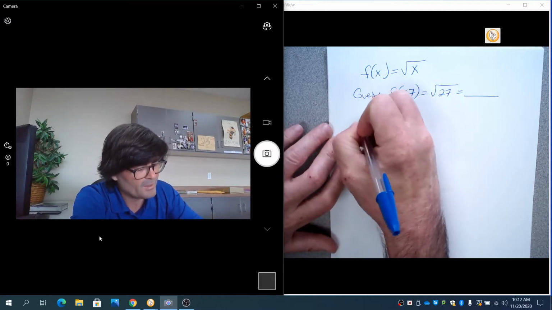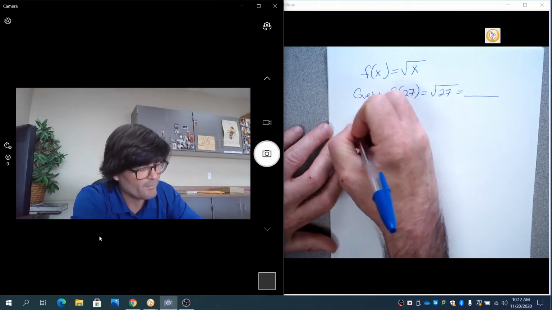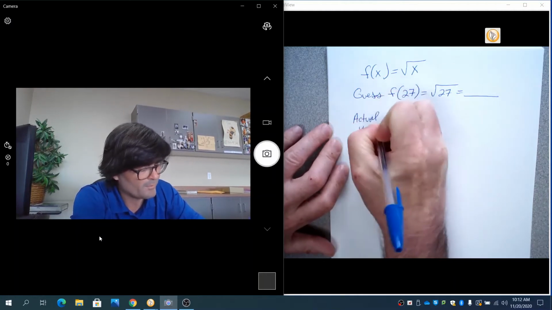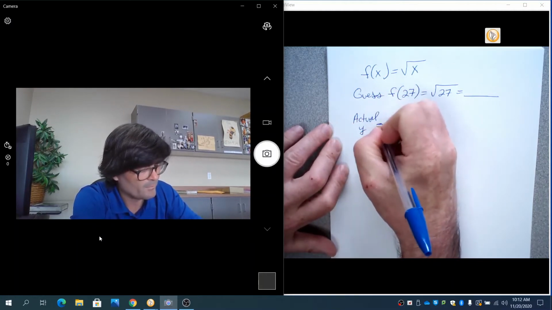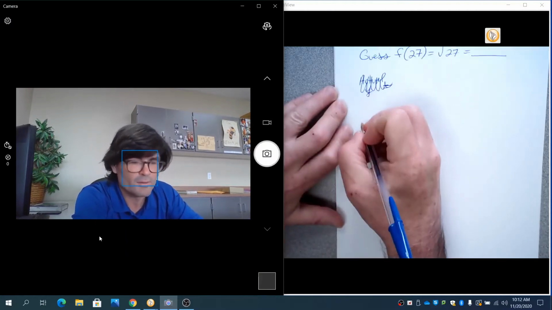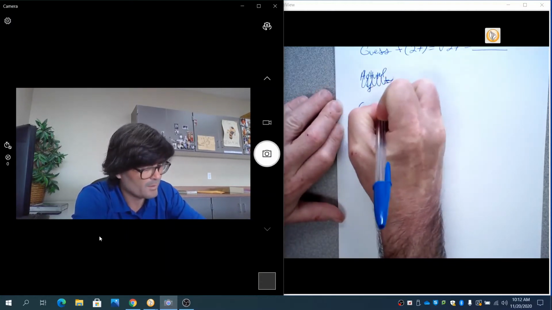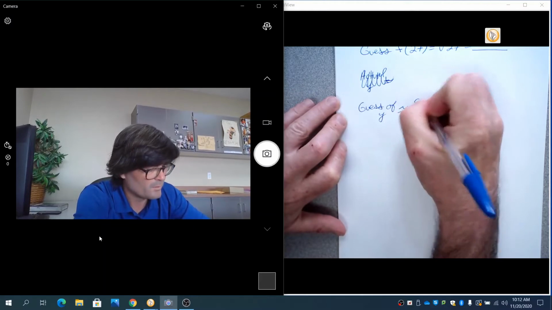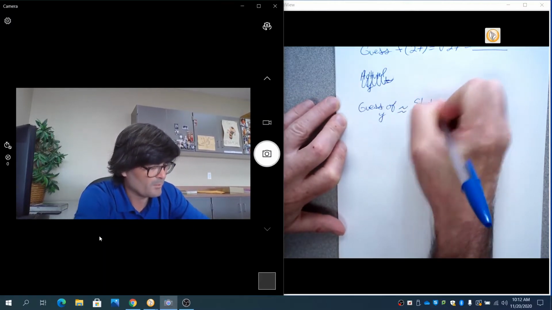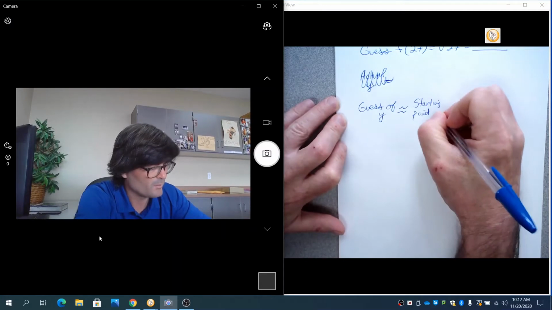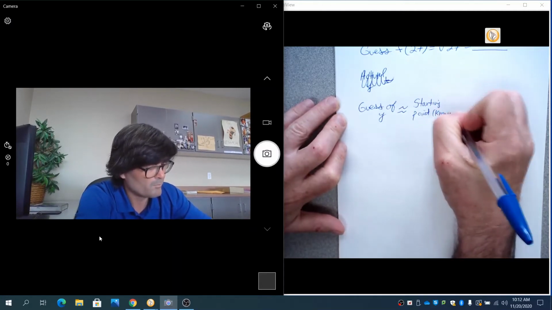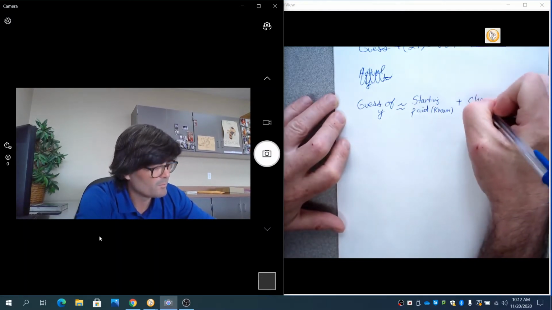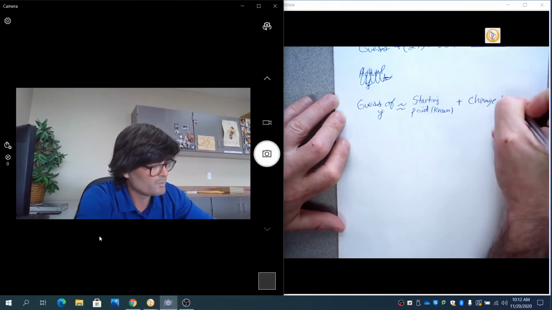We're going to take a known starting point and say, actually not actual yet, guess of y is approximately equal to a starting point that's known plus the change in y.